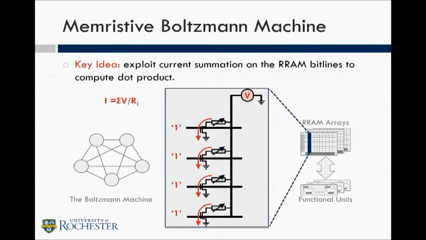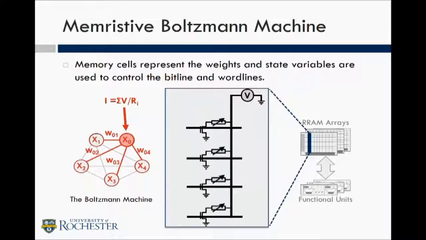And then just by using simple current summation, by looking at KCL, you can tell that the sum of the individual bit line currents that you are pulling is going to be proportional to the individual conductances of these memristive devices.